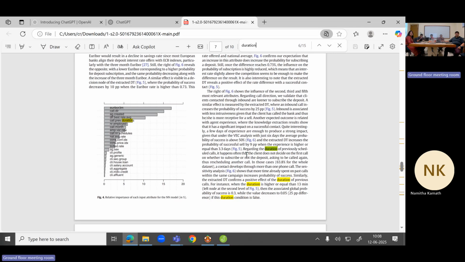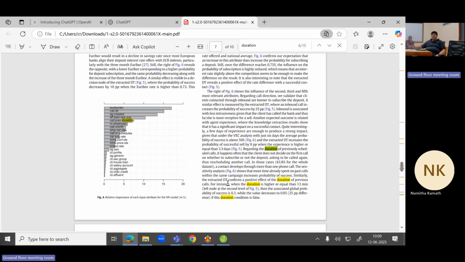Okay, see, here they have written like this. Regarding the duration of previously scheduled calls, it happens often that the client does not decide on the first call whether to subscribe to the deposit or not, asking to be called again, thus rescheduling another call. In those cases, a contract develops through more than one phone call.